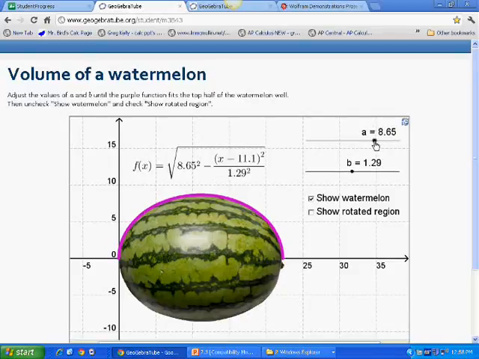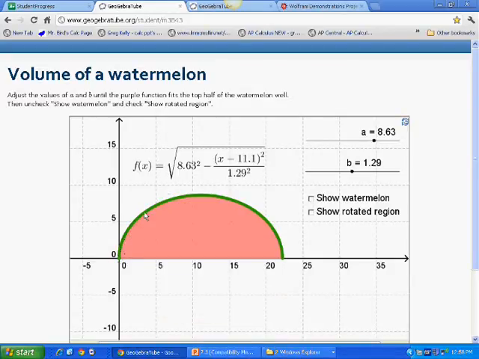Okay, so that's not too bad. So now what we have is the top half of our watermelon. So I'm going to take my watermelon out, and we've seen that the top half of this watermelon is the ellipse with this as the equation.